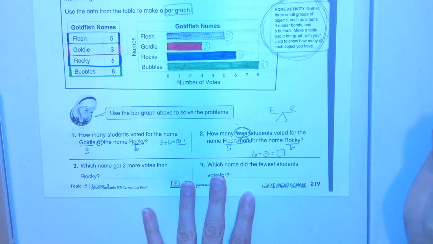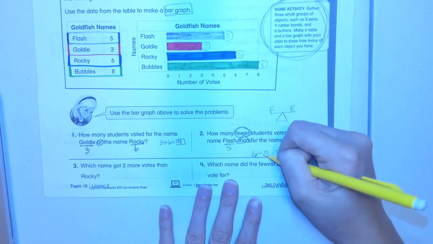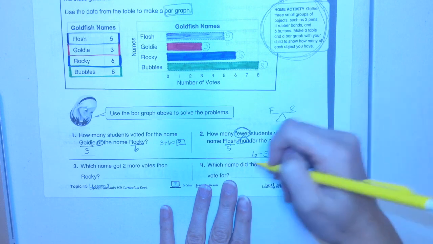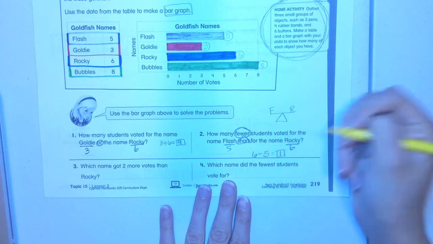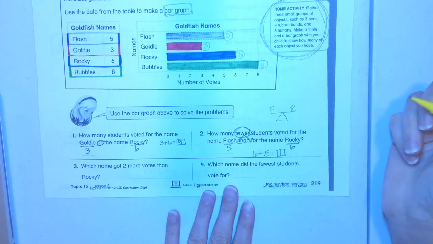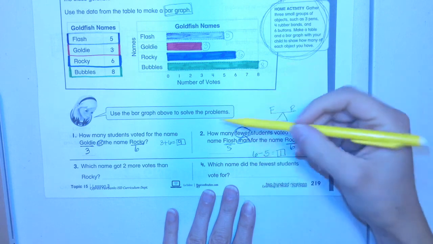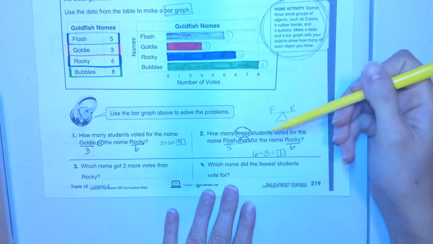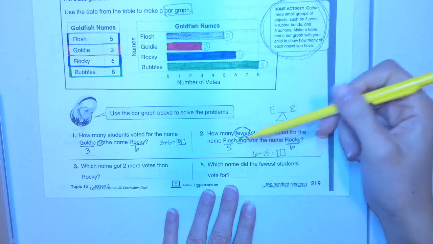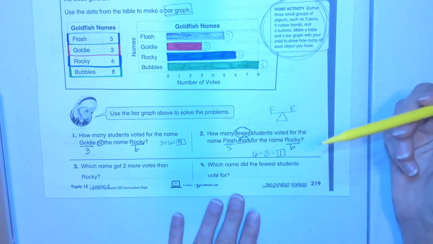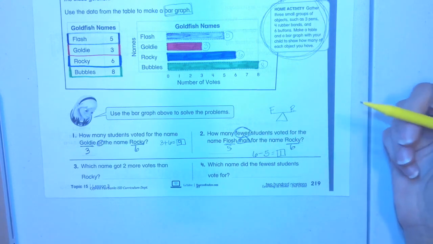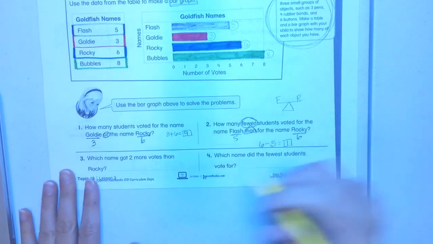This one should be super easy, and you should know it quicker than I can even tell you. 6 minus 5 gives you 1, because if I take 5 away from 6, that gives me 1 left, which means there is 1 fewer student that voted for Flash than Rocky.